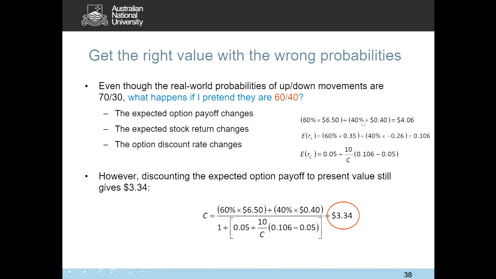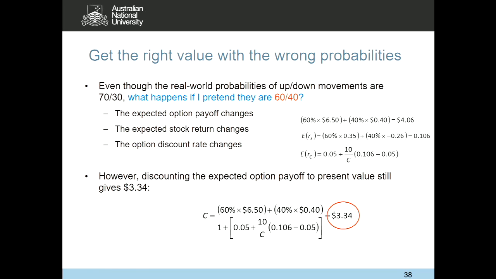And we can recalculate the expected return on the stock. That's 10.6%. Then again, we can solve for C, and we get the correct call option price, $3.34. And we're using the wrong probability here, 60% and 40% chance.